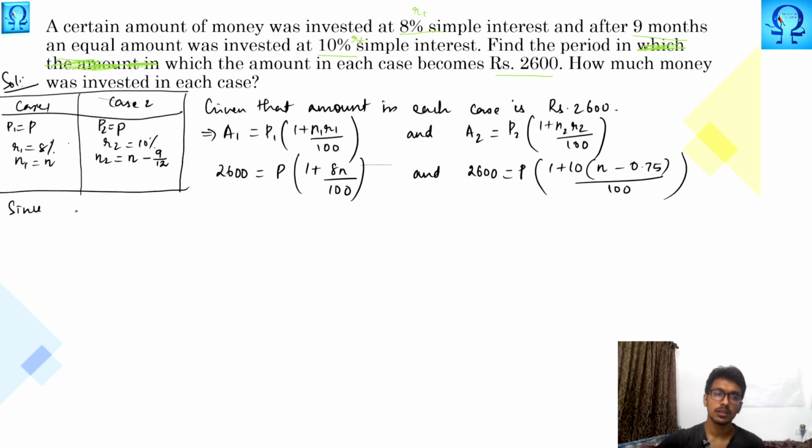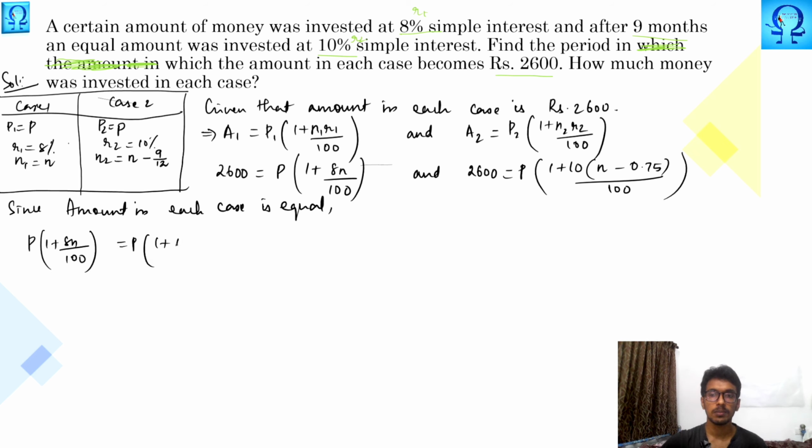Since the amount in each case is equal, what shall we do? We shall equate that, right? P times of 1 plus 8n upon 100 is the same as P times of 1 plus 10 times of n minus 0.75 upon 100.